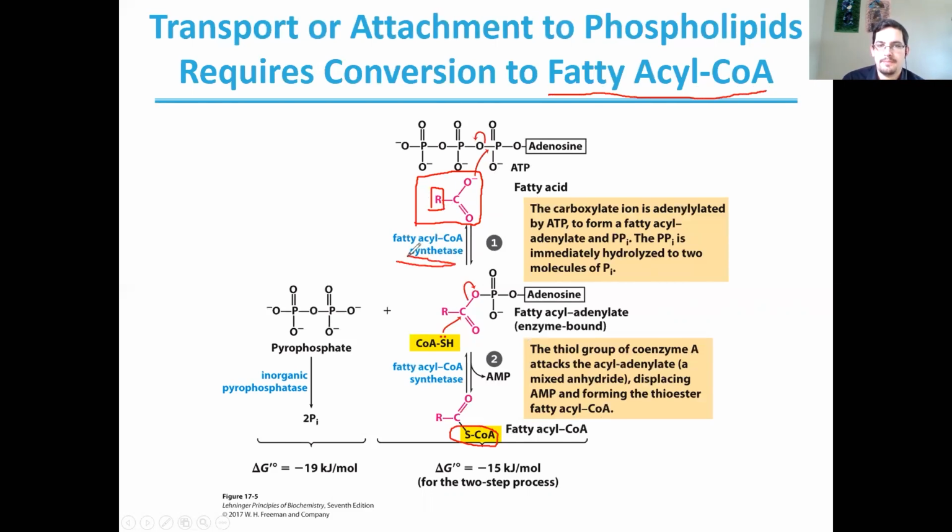This is catalyzed by a series of fatty acyl-CoA synthetase enzymes. There are a couple different isozymes of this enzyme that work on different sized fatty acids. Right, so you might have a very long fatty acid with lots of carbons. You can have fairly short fatty acids with only a few carbons, and you'll have different isozymes of the same synthetase enzyme that will catalyze this reaction for those different sized fatty acids.